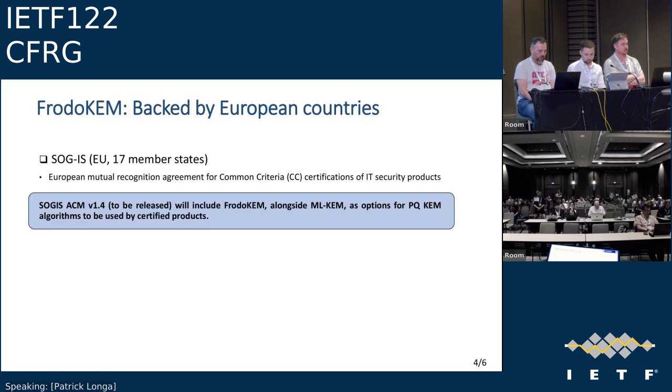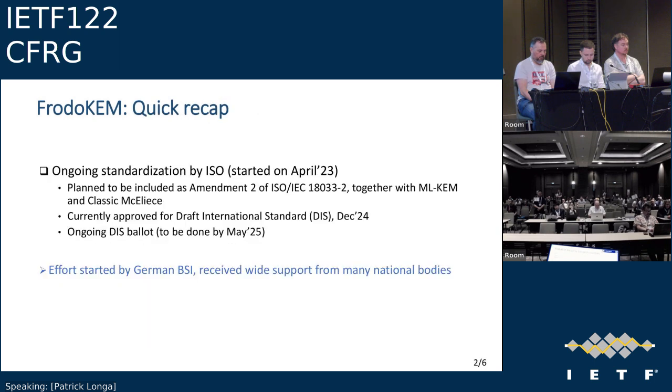Okay, so you're asking about the status of the year, right? Yes. So basically on this step, the national bodies will be giving their votes on whether the standardization proceeds, and the results are going to be available in May 2025.